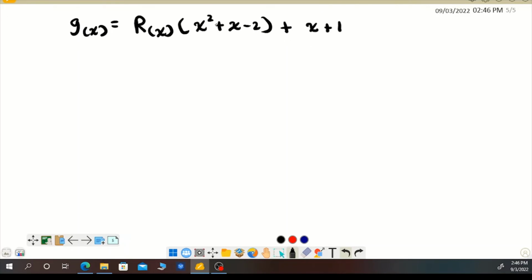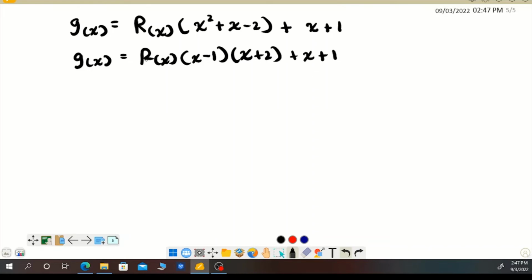I can factorize x squared plus x minus 2. When x equals 1, this whole expression is 0, so one factor is x minus 1. The other factor is x plus 2, since substituting x equals minus 2 also makes it 0.